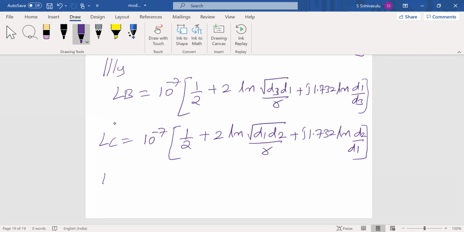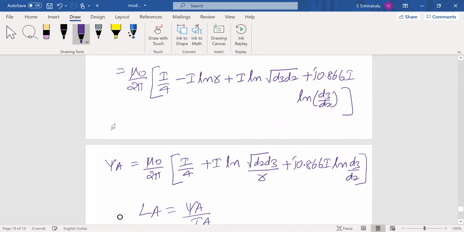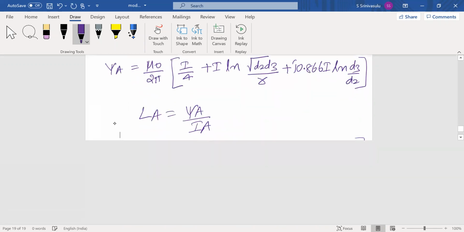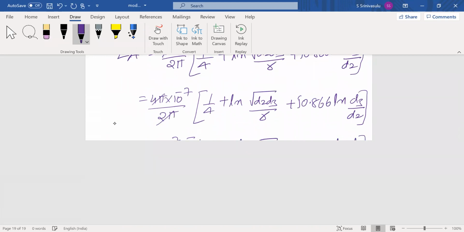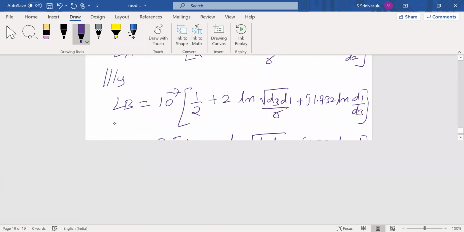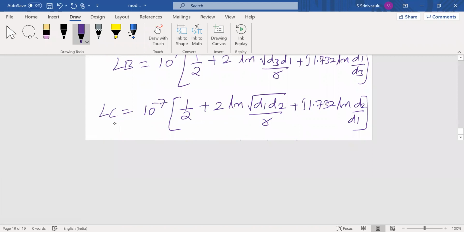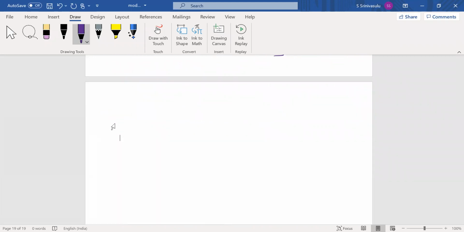The inductance per phase in the case of unsymmetrical spacing is L average, which equals LA plus LB plus LC by 3. After substituting, we get the average inductance. That average inductance we have to consider as the inductance per phase in the case of unsymmetrical spacing. So for unsymmetrical spacing, we always have to transpose the conductor.